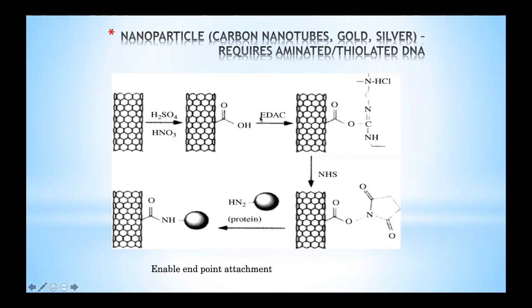And with activation of EDC NHS, the carboxyl group can form an amide bond with the amine attached to the protein or attached to the DNA from the biomarker. So carboxyl, with activation of EDC NHS, will form an amide bond with the amine group from the protein or DNA.